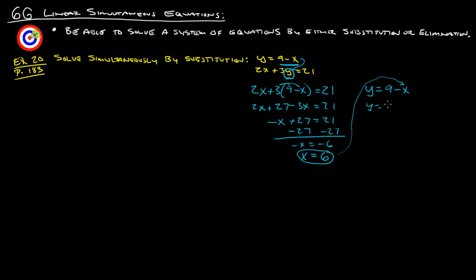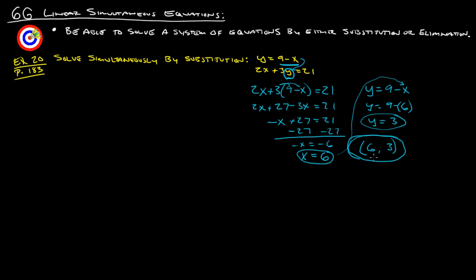We can go y equals 9 minus 6. So now we know that y equals 3. Okay. So we usually write our solution like this. We always go alphabetical, so x goes first, y goes second, and we write it as an ordered pair. Okay, so there's our answer.